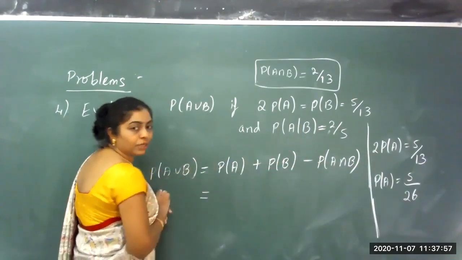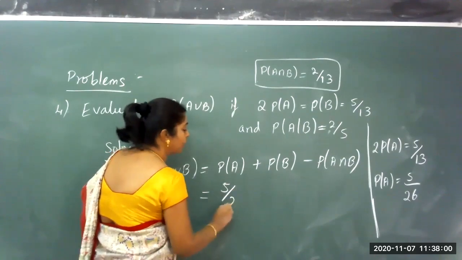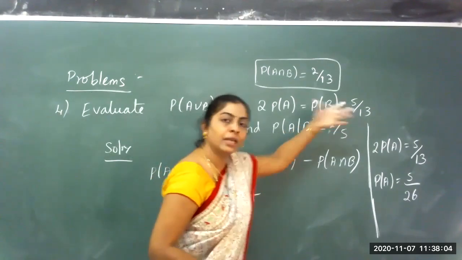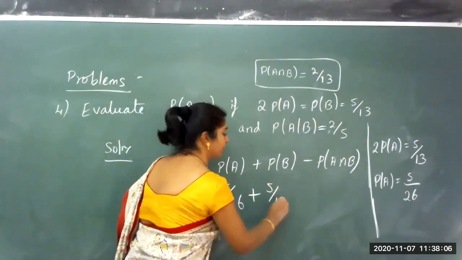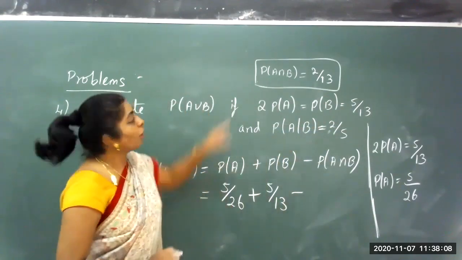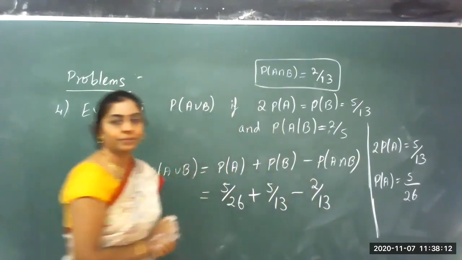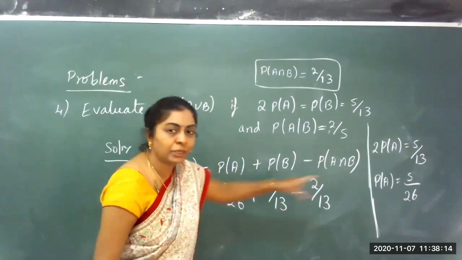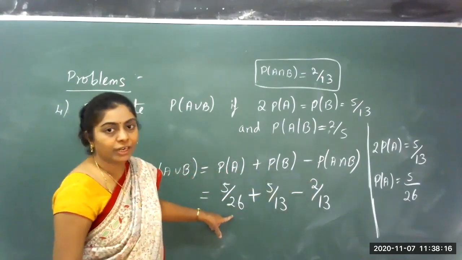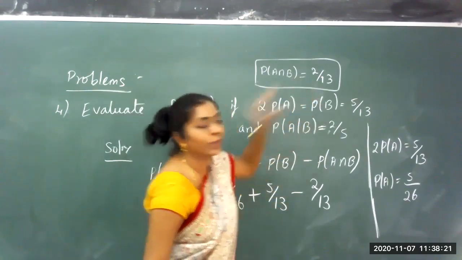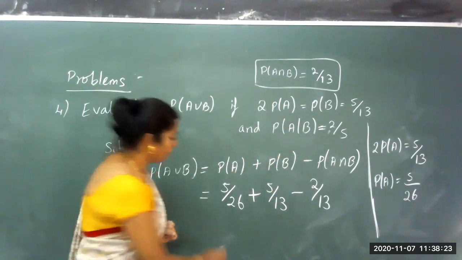Now what does the probability of A become? 5 by 26, plus the probability of B, already given as 5 by 30, minus the probability of A intersection B, which is 2 by 30.